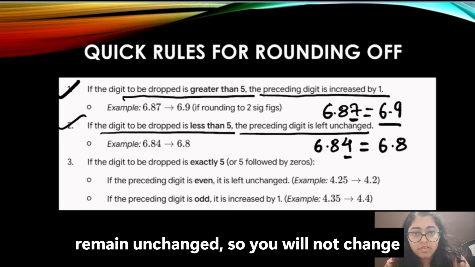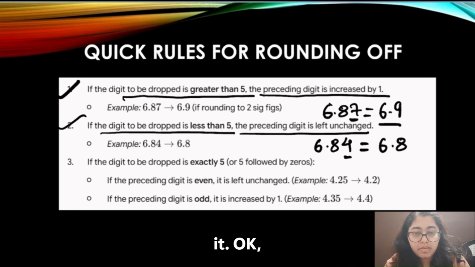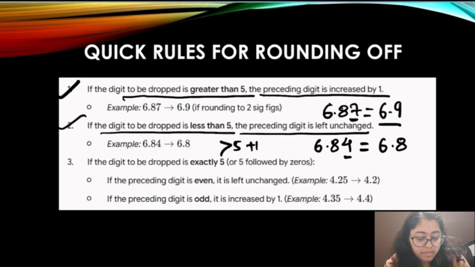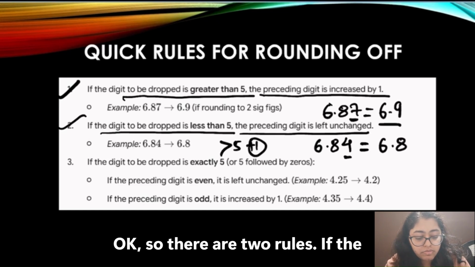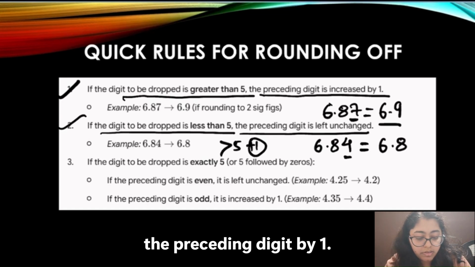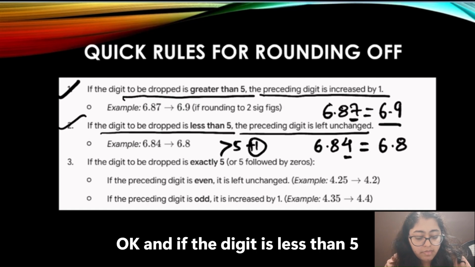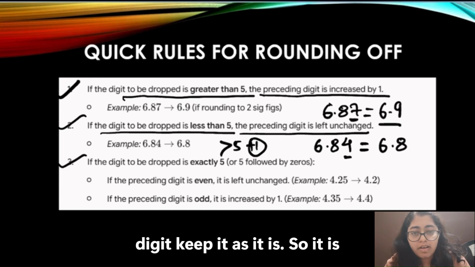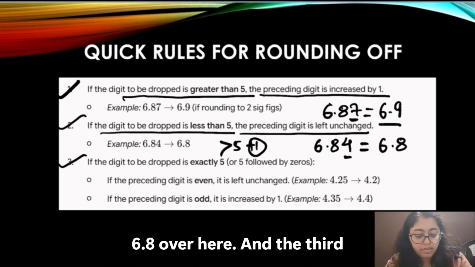You will not change it. And this will come out to be 6.8. So there are two rules. If the last digit is more than 5, then add 1 to the preceding digit. And if the digit is less than 5, then keep the preceding digit as it is. So it is 6.8 over here.